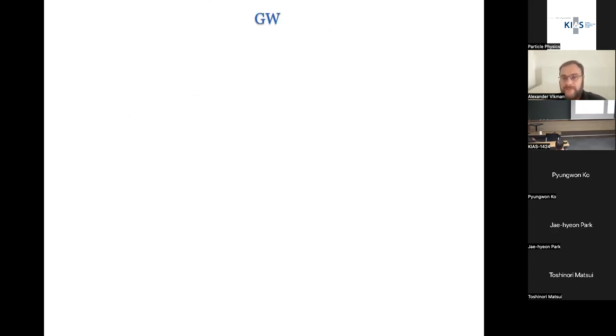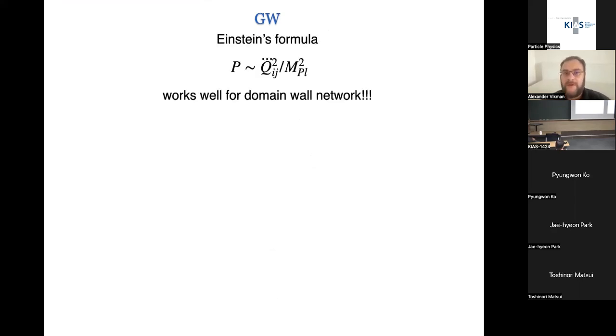Now what was really surprising for me is that the gravitational wave production of such domain walls works practically as Einstein predicted. You take the quadrupole formula, and you can easily estimate with quite good accuracy the power emitted by this domain wall network. For me, it's quite striking, because usually this formula is derived under very certain conditions of non-relativistic matter in the wave zone and all the things.